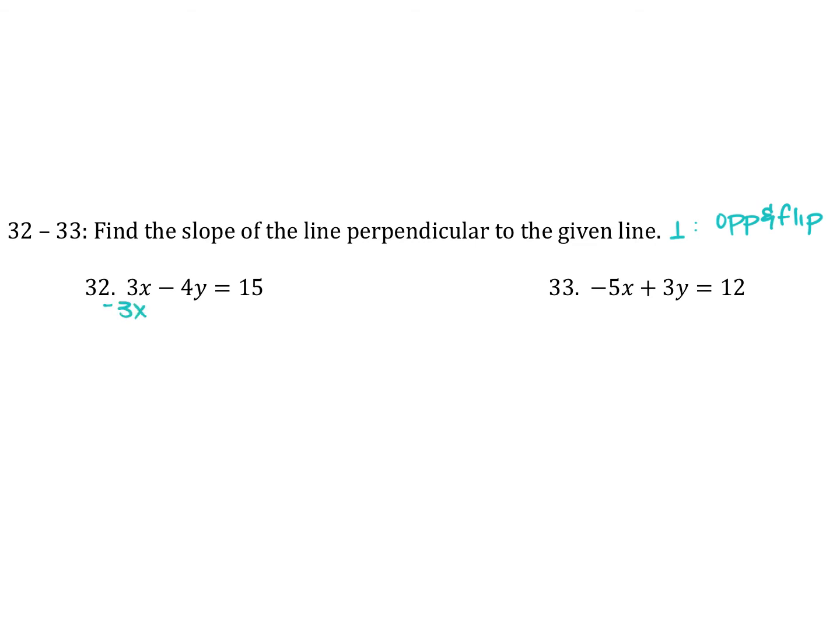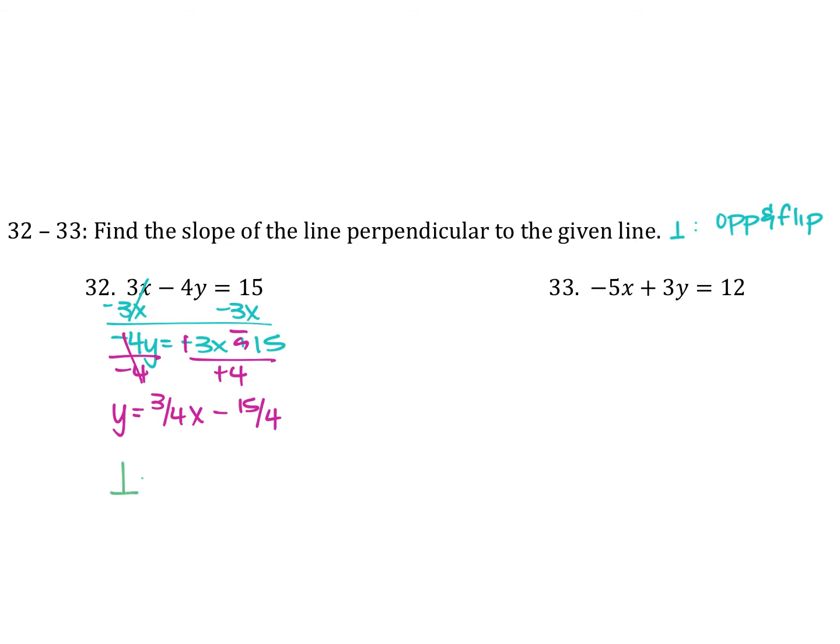So move the 3x over, subtract it from both sides. That gives you negative 4y is equal to negative 3x plus 15. Then divide each side by the negative 4. Remember, when you do this, change the sign on everything. So this is going to give you y is equal to 3/4 x minus 15/4.